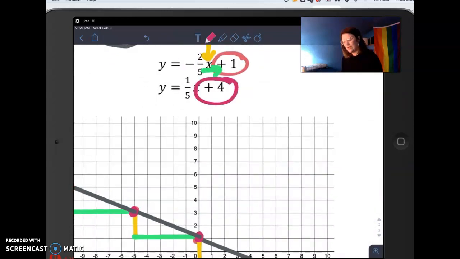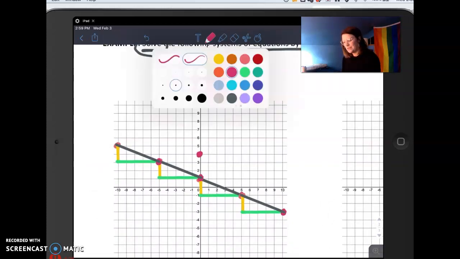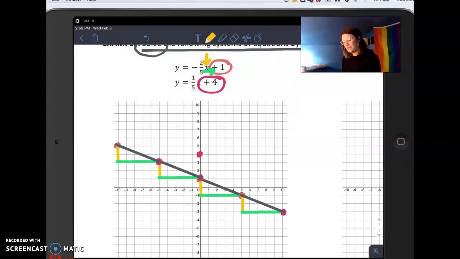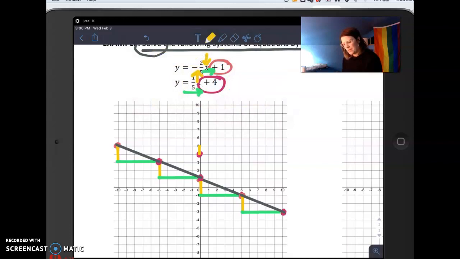All right, so again, we start at the y value on the y-axis, the b value, I should say, sorry. And then the 1/5, since it's a positive slope, we'd go up 1, and then the 5 tells us to go to the right. So we're going up 1, and then we're going to go over 5.